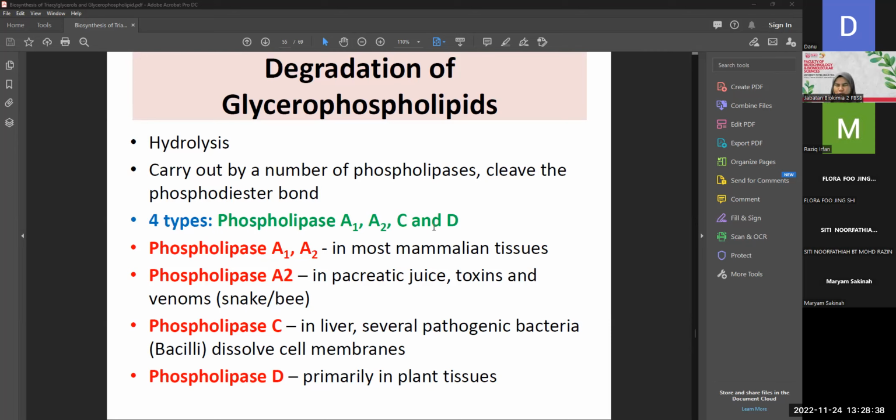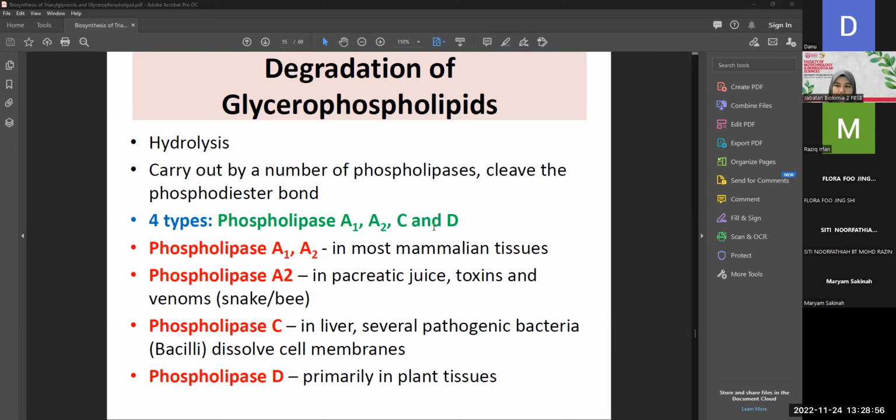We have discussed the biosynthesis of glycerophospholipid, so there must be a way it can be degraded. It is a simple mechanism by hydrolysis reaction.